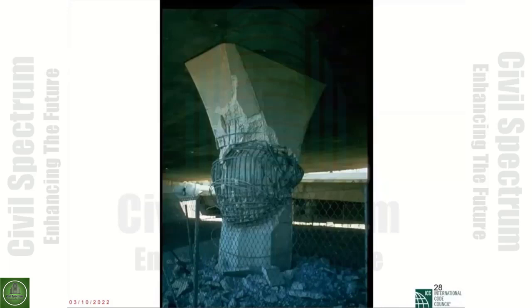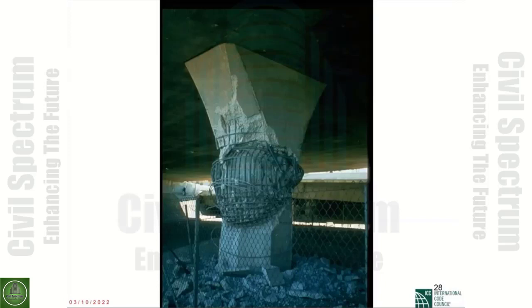That's the effect of the flare. As you may know, when we have a column, we like to flare it in the transverse direction so that we can cut down on the bending moment inside the bent cap. That's why we mainly flare the column in the transverse direction.